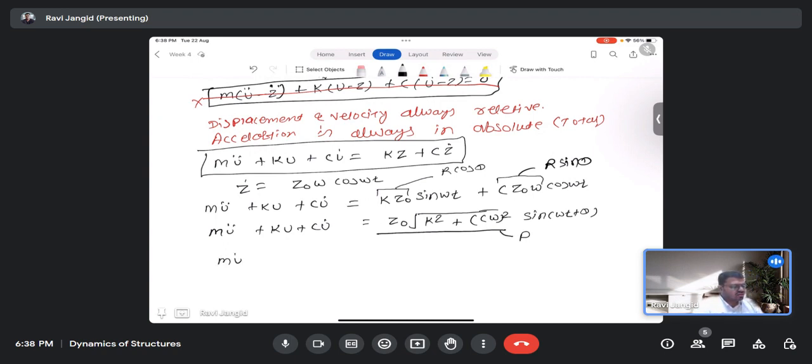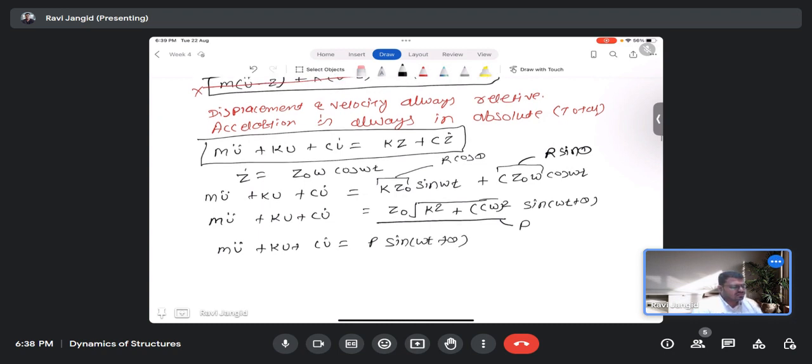The solution of m u double dot plus k u plus c u dot equal to p sine omega t plus theta becomes u equal to p by k into Rd, as we all know. So p by k, and what is your Rd? Your Rd is 1 over square root of (1 minus r square) whole square plus (2 r zeta) square, and what is your p? It is this one.